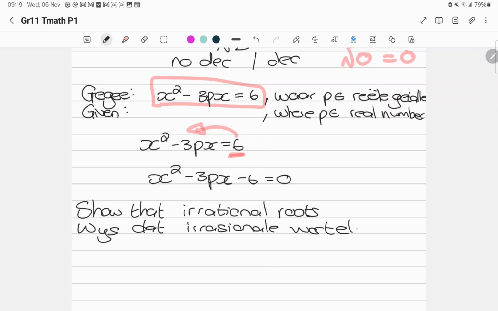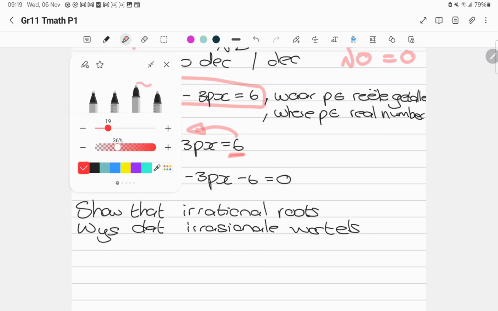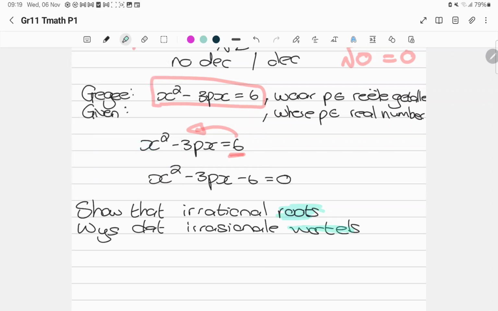So if I want to prove that something has irrational roots or any roots, what is the thing I must think of? The moment I read roots, I need to calculate my discriminant. So my discriminant is equal to b squared minus 4ac. Now what is b? b is going to be minus 3p, because both of those terms are in front of it.